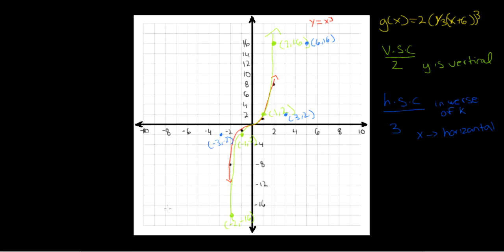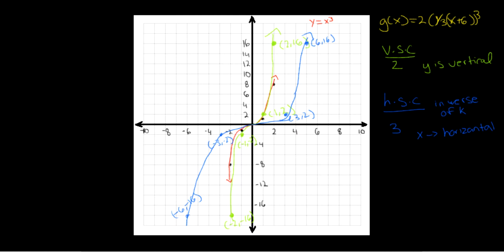And we do the same thing here, we'll get (-6, -16). So we'll graph that rough sketch. It's really messy, but I just want to get the point across.